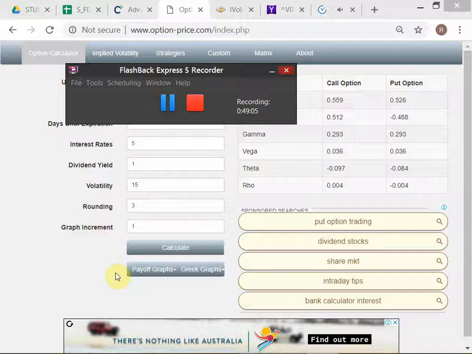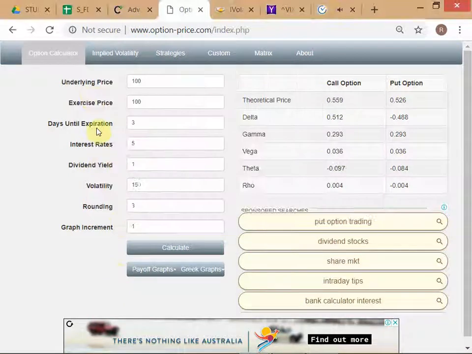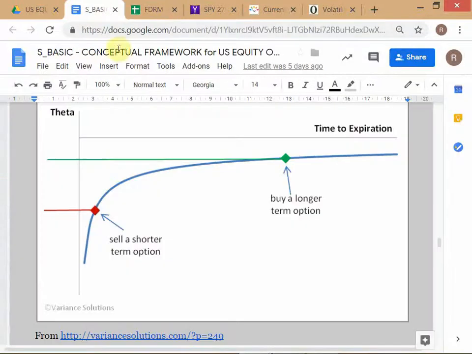Now we have established that when you have a long option position, if it's a short dated option, it will have very high theta. But if it's a longer dated option, the theta is much more manageable. Remember, for a long option position, theta is always working against you. You need to understand these concepts so well that eventually you'll end up memorizing them without actually memorizing them in the first place.